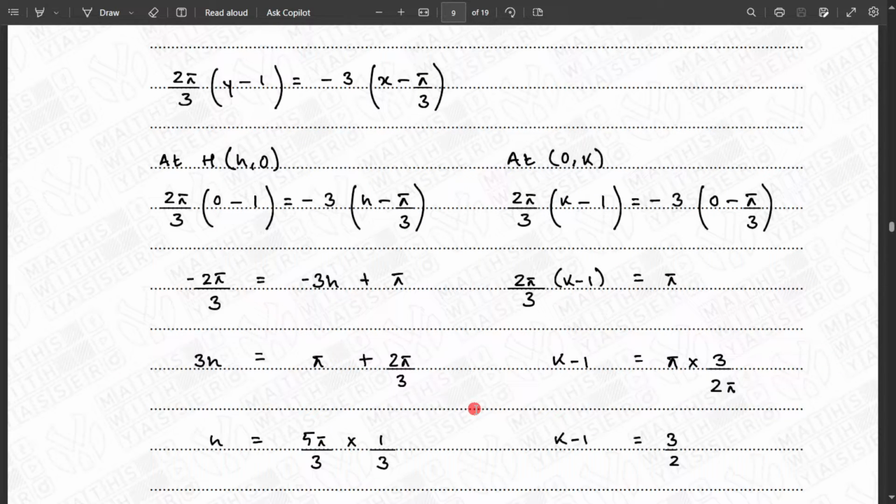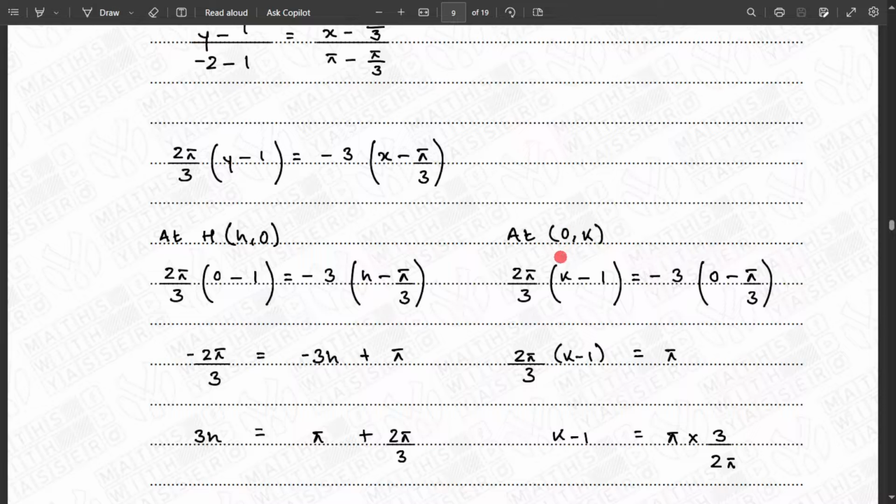Now for the point K, which has the coordinate (0, k), again we simply substitute this x coordinate and y coordinate into the equation of the line PQ, because this point lies on this line. That will give us 2 pi by 3 (k minus 1) equals minus 3 (0 minus pi by 3). So 2 pi by 3 within brackets (k minus 1) is equal to just pi.